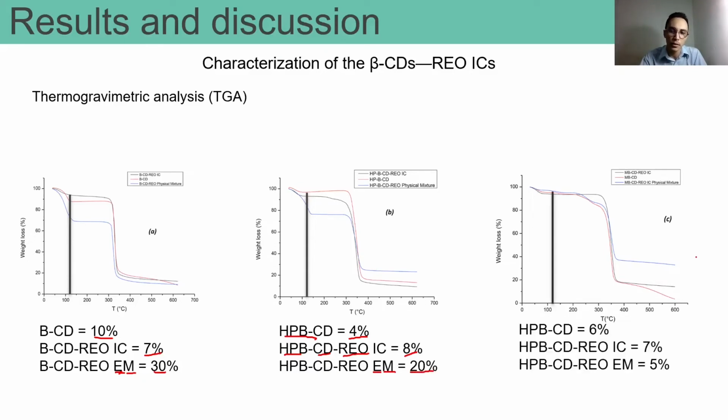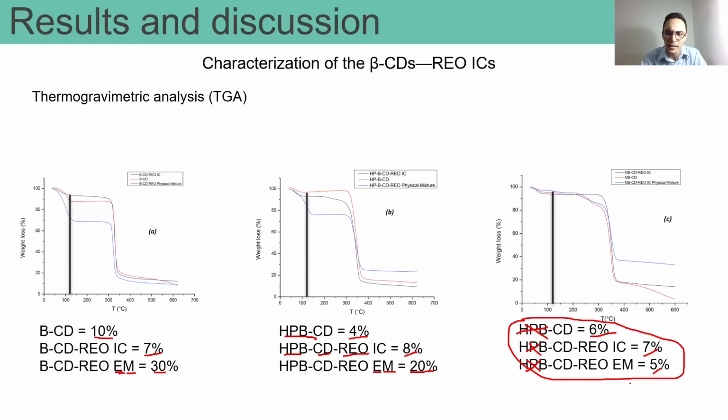And now we have something different, that is methyl, not propyl, sorry for that. The methyl beta-cyclodextrin lost almost 6%, the methyl inclusion complex with beta-cyclodextrin almost 5%, the physical mixture 5%, and the other was 7. That's an interesting thing that's happening there.